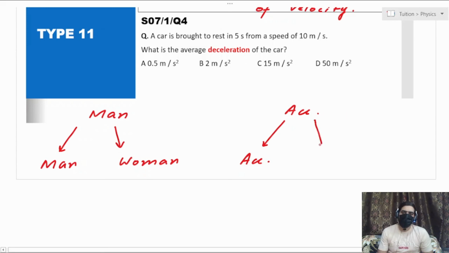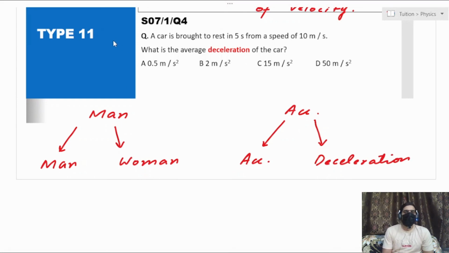And if the velocity is being decreased, we call it deceleration. So you see, just like we can use man as a word that represents both the genders, or every gender. I don't want to start the debate about the extra genders and stuff.